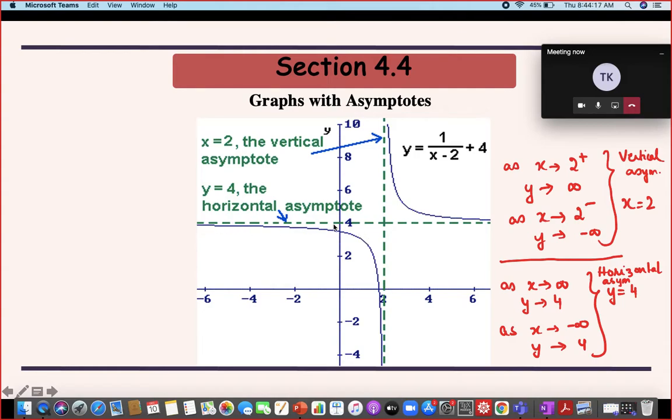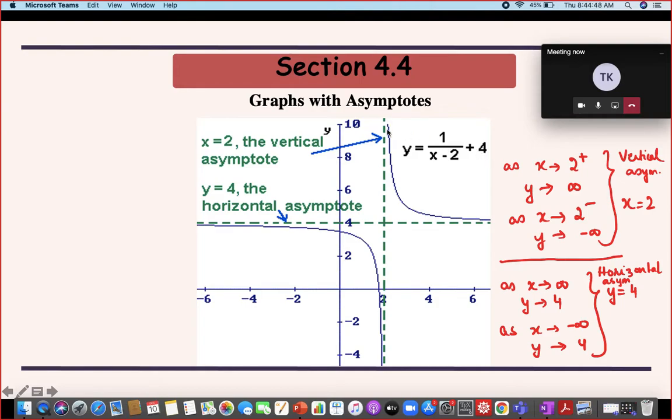And the horizontal asymptote: we also see that when your x is becoming very, very large, so when it is moving towards infinity, this term becomes very small, close to 0. So your value of y is approaching 4. In both directions, whether x tends to plus infinity or minus infinity, the function value will be approaching the number 4.